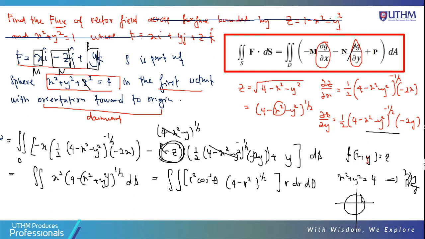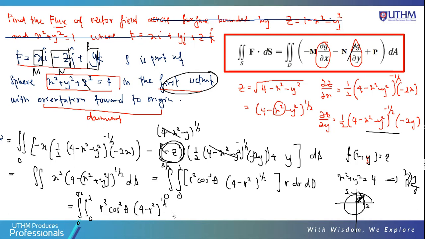So r starts from 0 to 2, theta, since it mentions the first octant, so first octant only, starts from 0 to pi/2. Okay, so this simplifies to the integral from 0 to 2, 0 to pi/2. So times r, so r to the power 3 cos to the power 2 theta, 4 minus r to the power 2, 1/2 dr d theta.